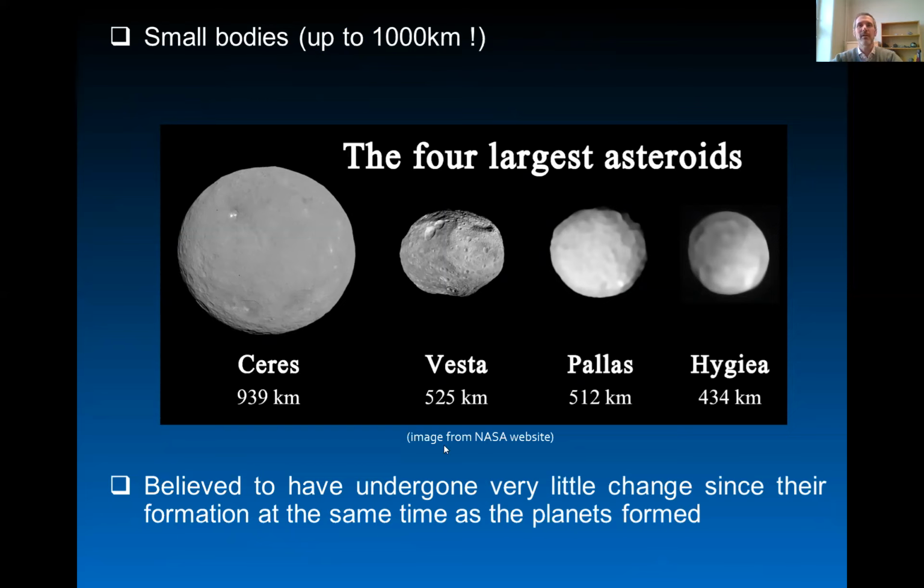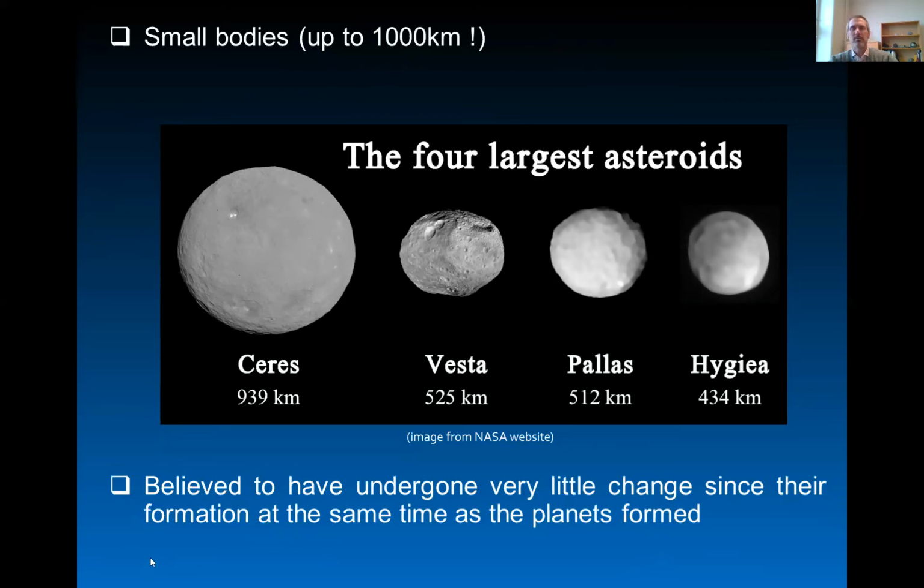On this figure, you see the 4 largest asteroids. They come from the asteroid belt. As a matter of comparison, the moon diameter is 4,574 kilometers. That's about 4 times the diameter of Ceres.